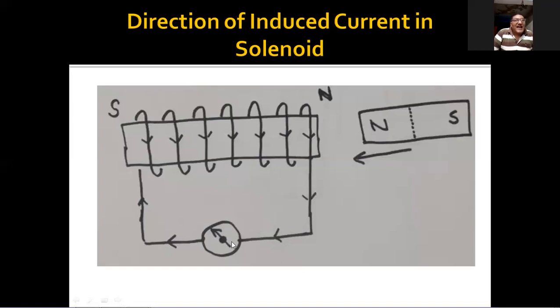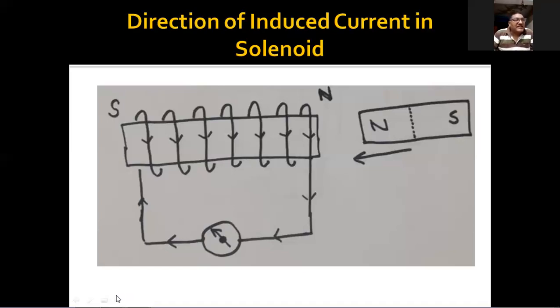When you put arrows, you will come to know that the current here is flowing from right to left, so the pointer of the galvanometer will also point towards the left. I hope you have understood how I have predicted the direction of the current induced in the solenoid, and how I predicted the deflection in the galvanometer.